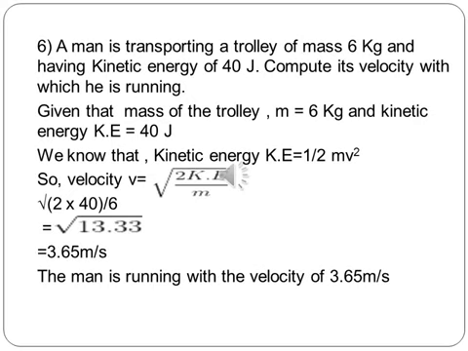So, velocity v is equal to square root of 2 into KE divided by m, which is equal to square root of 2 into 40 by 6 is equal to square root of 13.33 is equal to 3.65 meter per second. The man is running with the velocity of 3.65 meter per second.